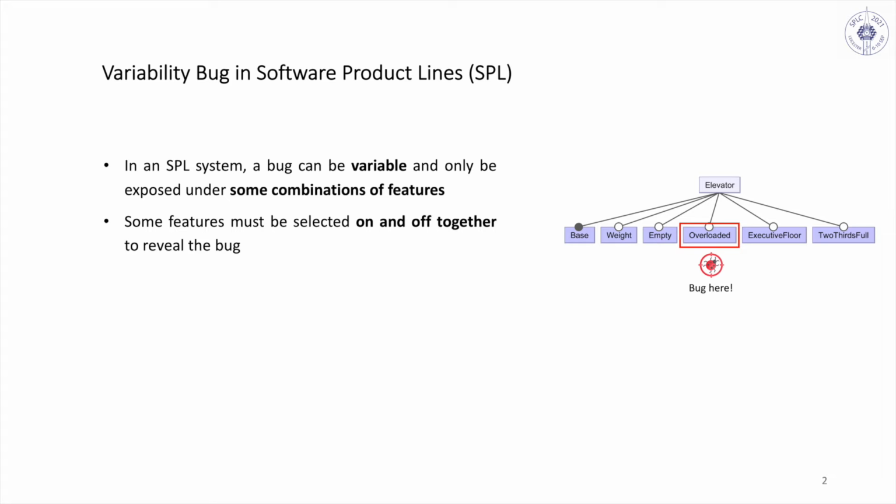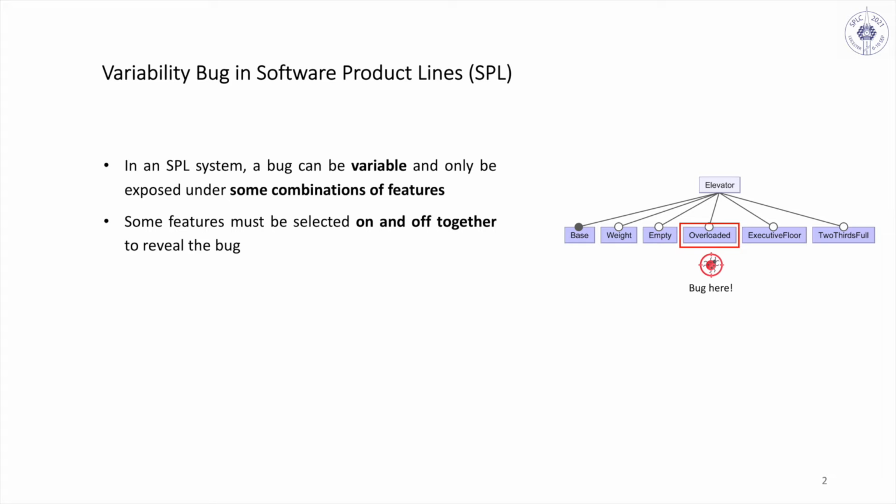As you can see in the picture on the right of this slide, it shows an example of an SPL system named Elevator, which simulates all the functionalities of an elevator in practice.